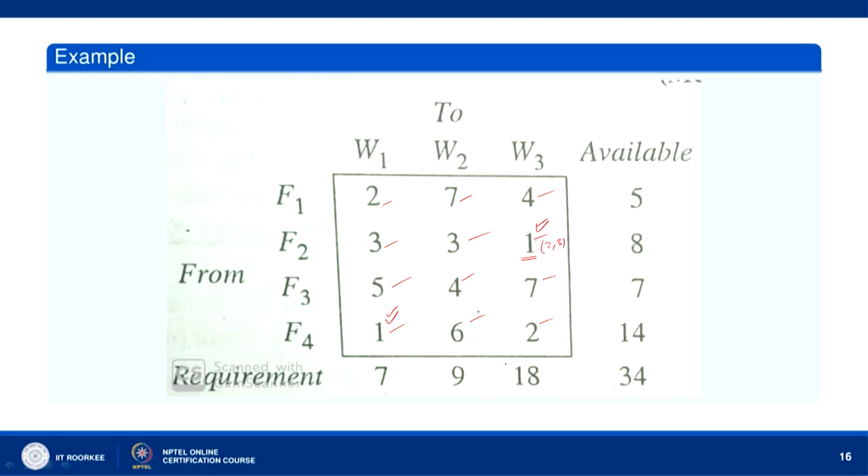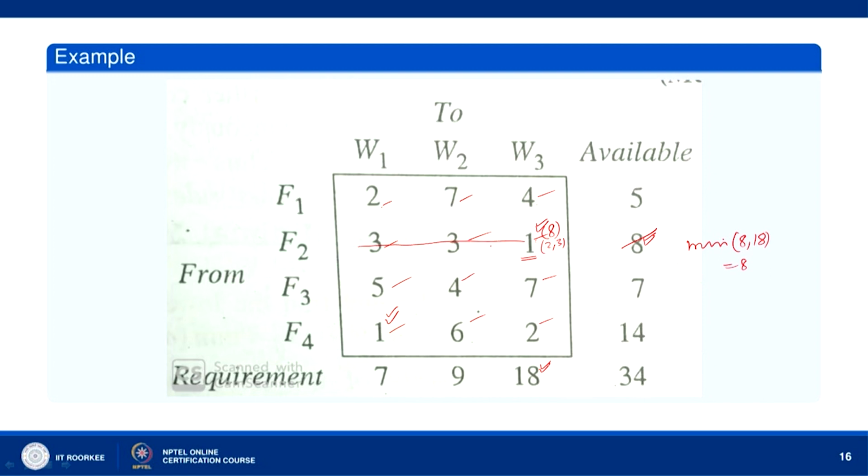At W3 we require 18 units, so we take the minimum of 8 and 18, which is 8. We allocate 8 here. After allocating 8 units, the availability at F2, which was 8 units, is exhausted, so we cross out this row.